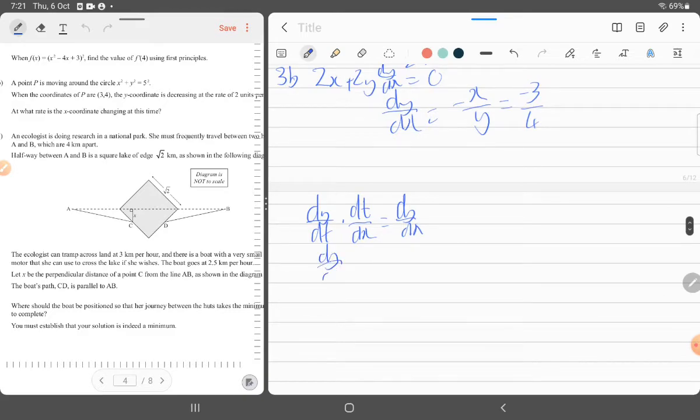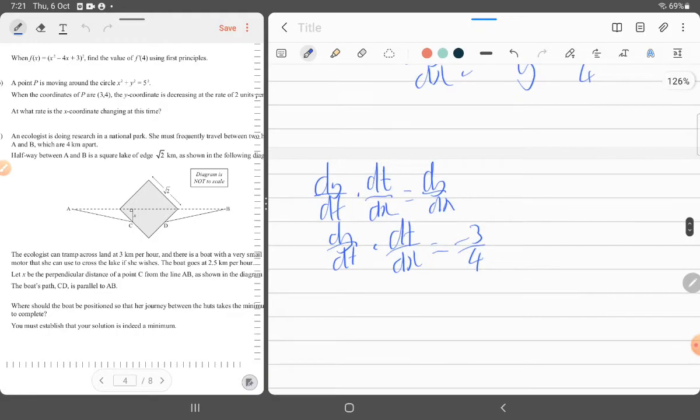So dy over dt times dt over dx is equal to negative 3 over 4. So 2 times dt over dx is equal to negative 3 over 4.